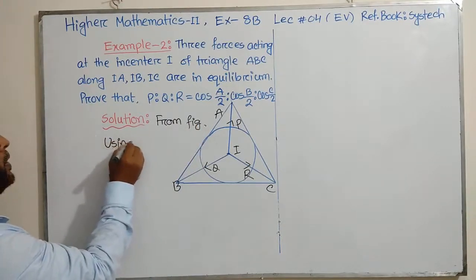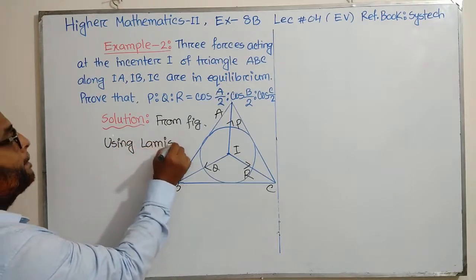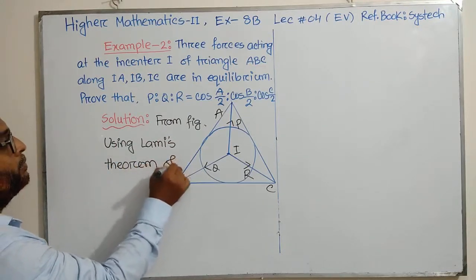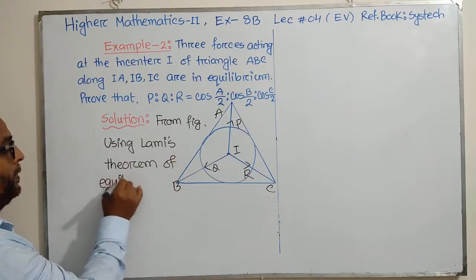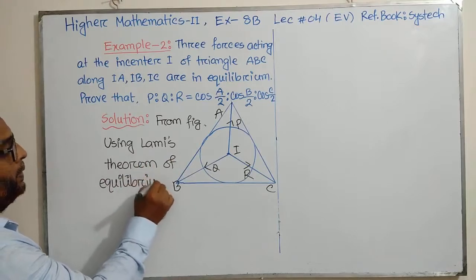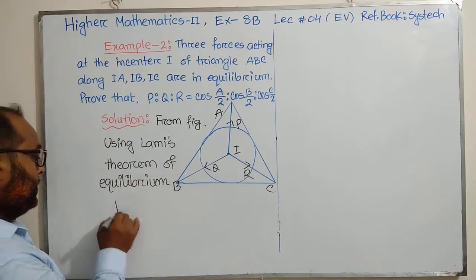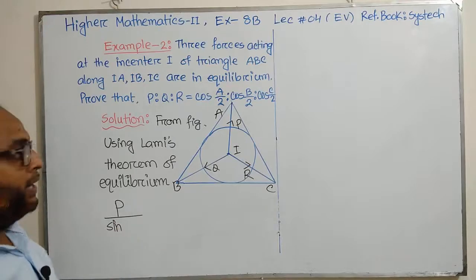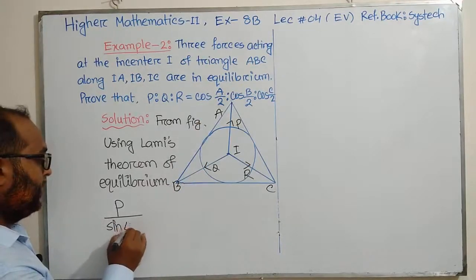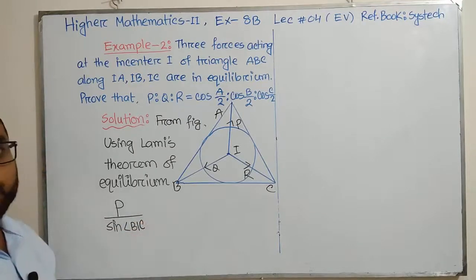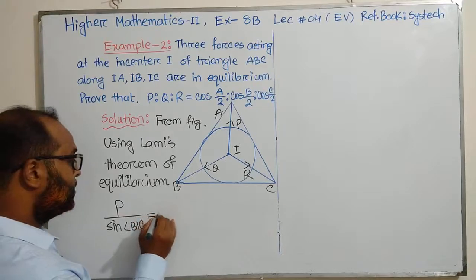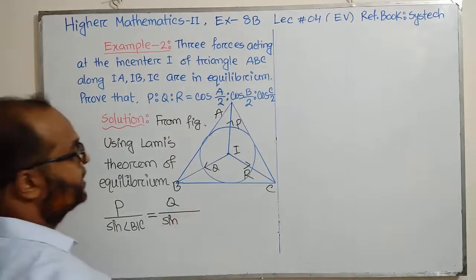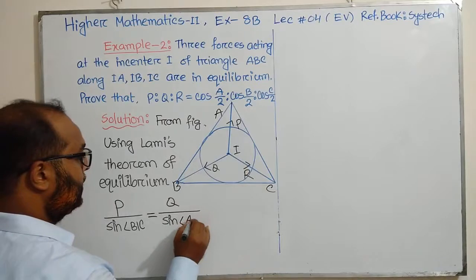Using Lami's theorem of equilibrium, this is the magnitude of force P divided by the sine of the angle between the other two forces, that means sine of angle BIC, and this equals Q divided by the sine of the angle of the other two forces, that means angle AIC.